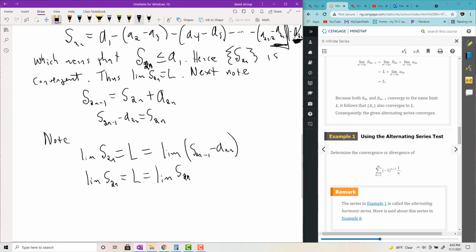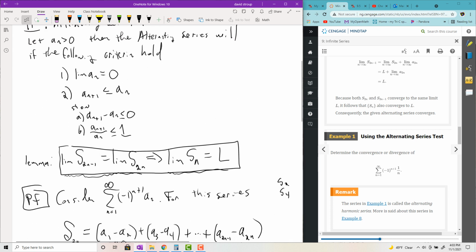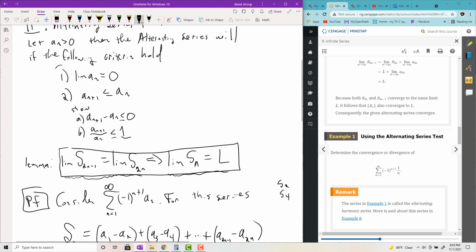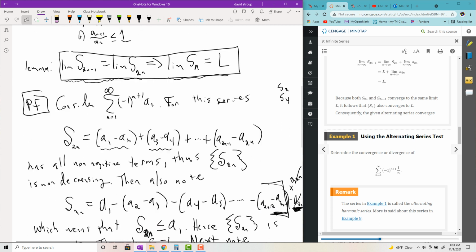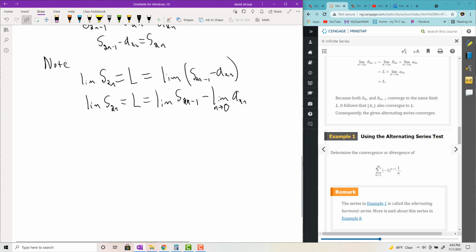We have that the limit of s sub 2n is equal to the limit of s sub 2n minus 1, because the limit of all of the terms go to 0, right? If you look back at that criteria, it's this first criteria that has to hold for this to pay off. In the proof you're using both of these criteria. So if those two don't hold, then the proof won't work, and therefore you're out of luck.